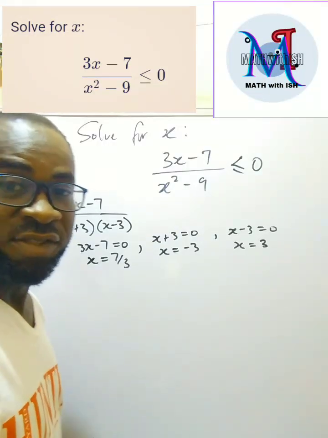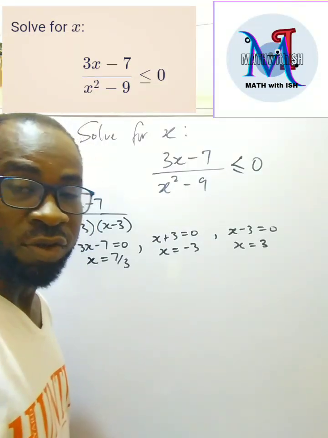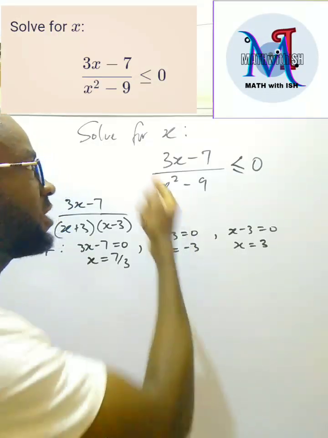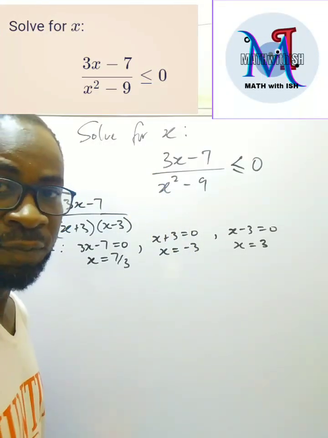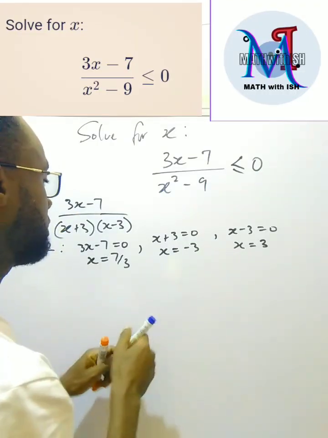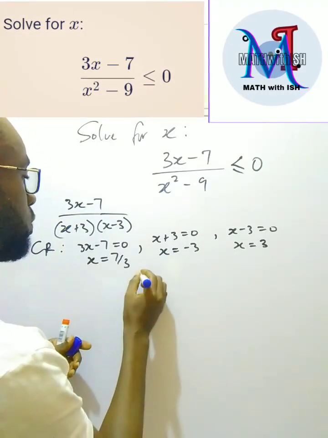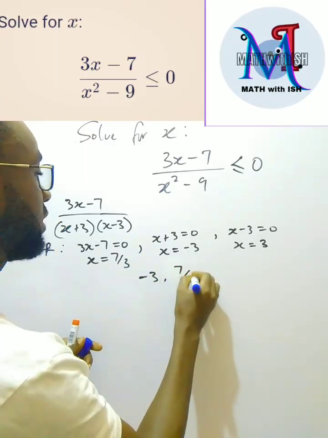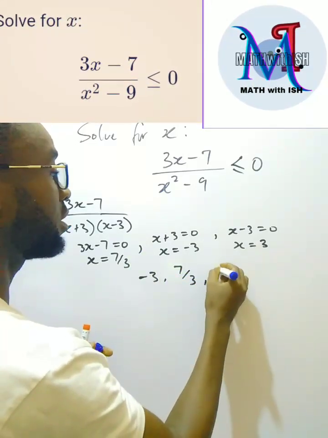Now these critical points are what we're going to use to do our sign analysis to get the range of values of x which we are looking for. First of all, if we arrange these critical points in order of size, we have minus 3 the smallest, followed by 7 over 3, and then followed by 3.